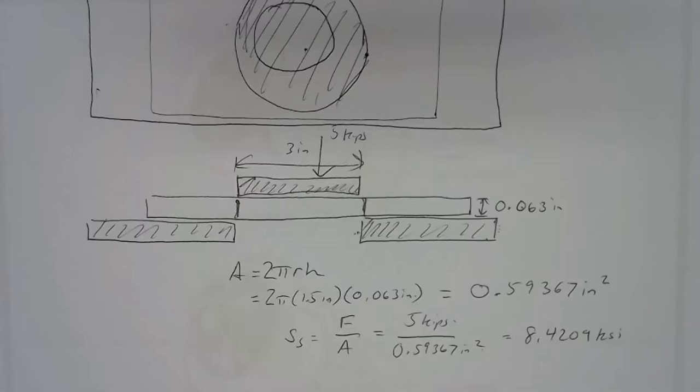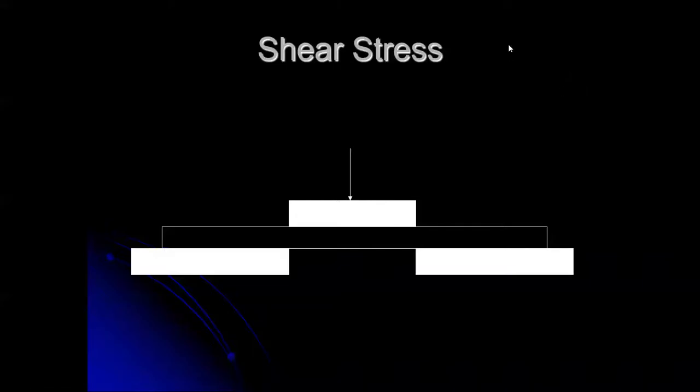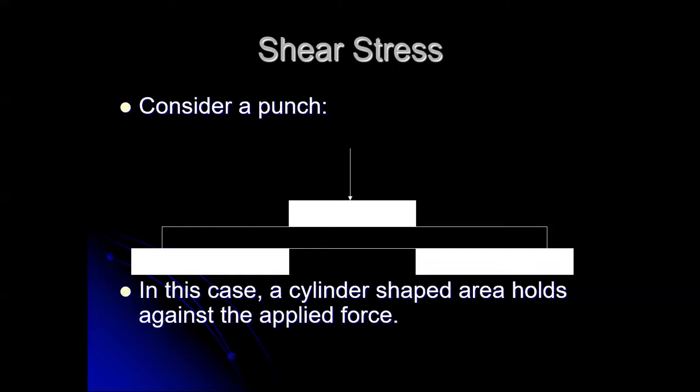Is a good one to look at. So that's what shear stress is all about. So there's a punch. A cylindrical shaped area is holding against the force, so we'd have to go and calculate that out.